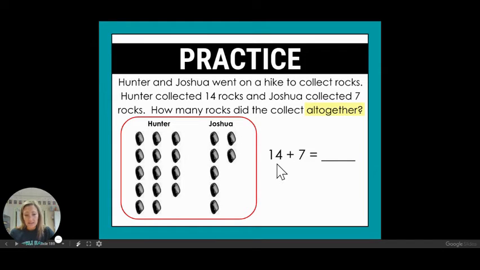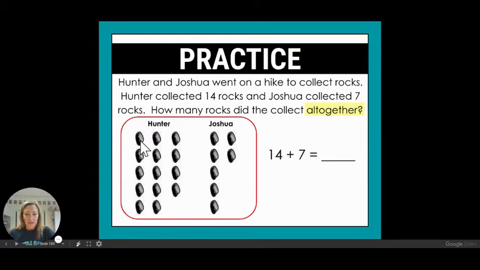There's a couple different ways to solve this. You could do it mentally. Maybe you also want to write it vertically and do the algorithm or one of the other strategies that we've learned. Or also, because we have pictures, we can just count them too. So let's go ahead and count our total to see how many Hunter and Joshua collected.